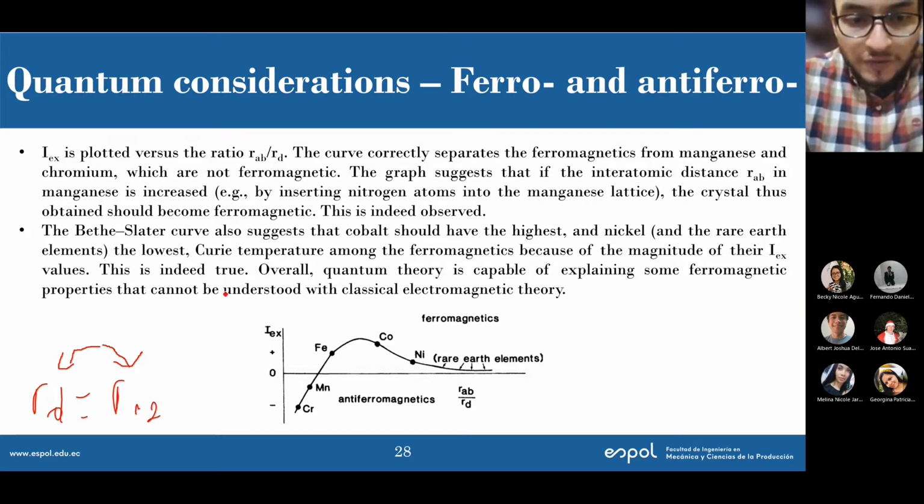You can see from this curve easily the separation between ferromagnetics and antiferromagnetics. If the exchange integral is negative, the materials are antiferromagnetic. If the exchange integral is positive, the materials are ferromagnetic.